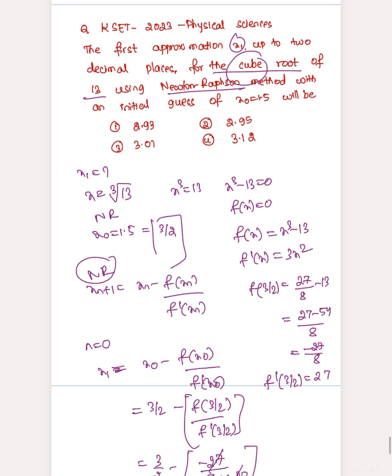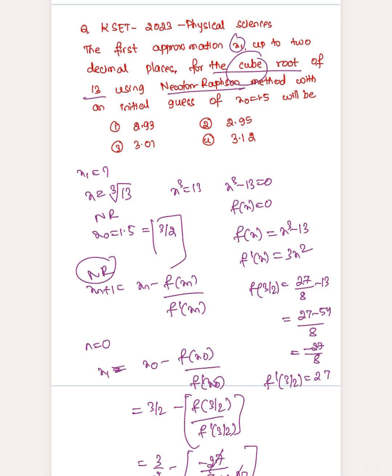x cube is 13, x cube minus 13 is equal to 0, f of x is equal to 0. This is x cube minus 13, and f dash is 3x square. f of 3 by 2, 1.5 is 3 by 2, means 27 by 8 minus 13. So this is 13 into 8, 104 minus 27.